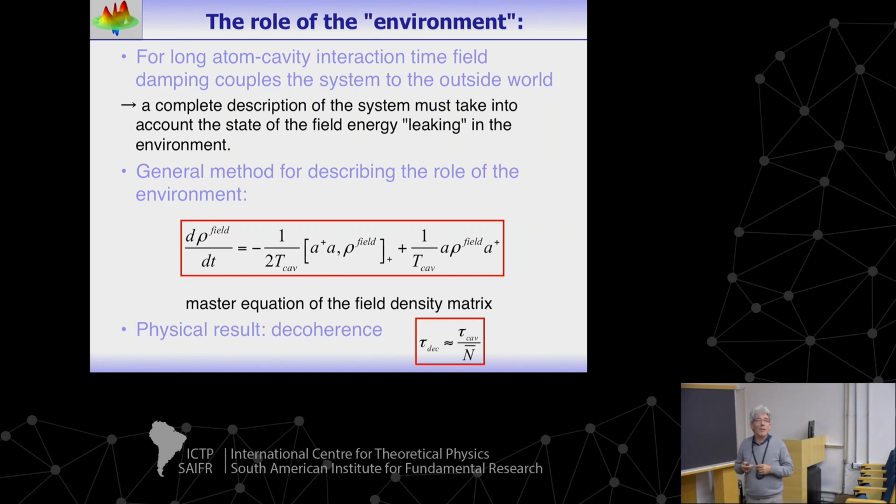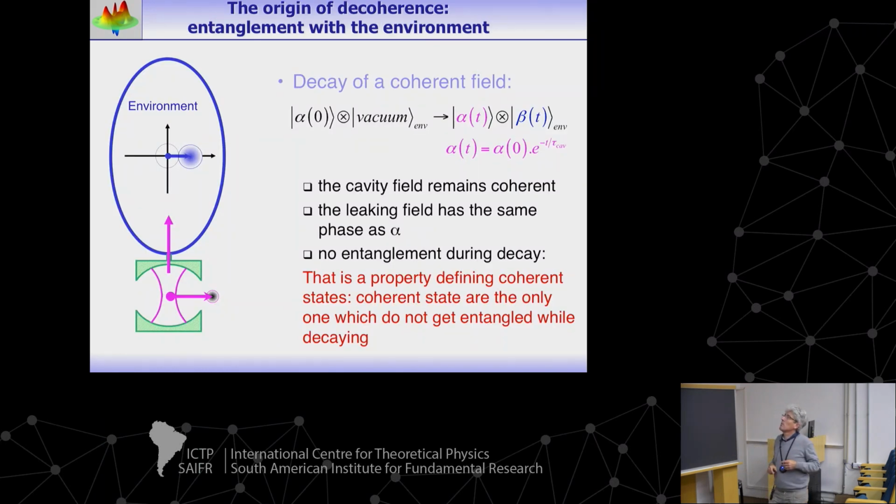And now I'll try not to make a full rigorous mathematical demonstration, it can be done, but to give you a simple model of decoherence leading to this result. So let us consider not only the cavity, where the atom interacts, but the Schrodinger cat state prepared in the cavity.